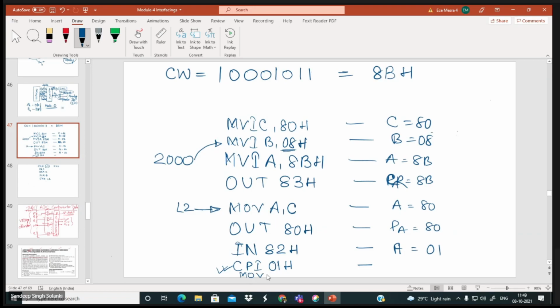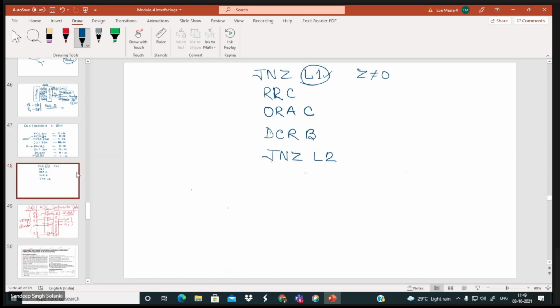So we have decided that before going to that stage, we should have C to A. That is what we have decided, isn't it? Yes, sir. So the accumulator, once again, we are making as 80. Now coming here, with RRC, what is happening to the accumulator? The accumulator is becoming 40, correct? Yes, sir.